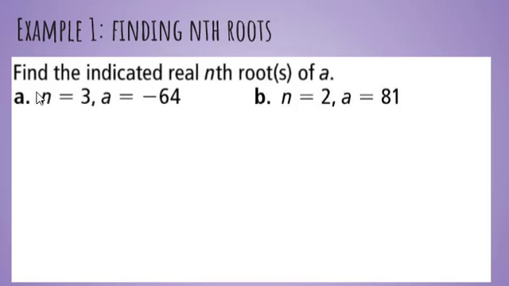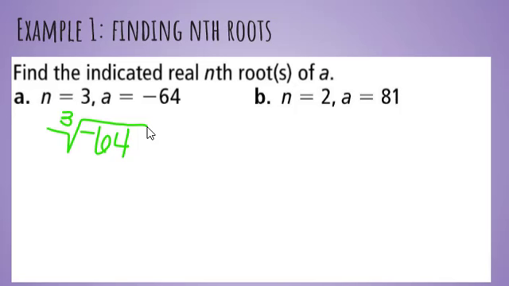Example 1 is finding nth roots. It's giving us an n, or an index, and then a is the radicand, the number inside. So I'm going to start by drawing my radical symbol. My index is 3, so the 3 goes here, and then my radicand is -64.